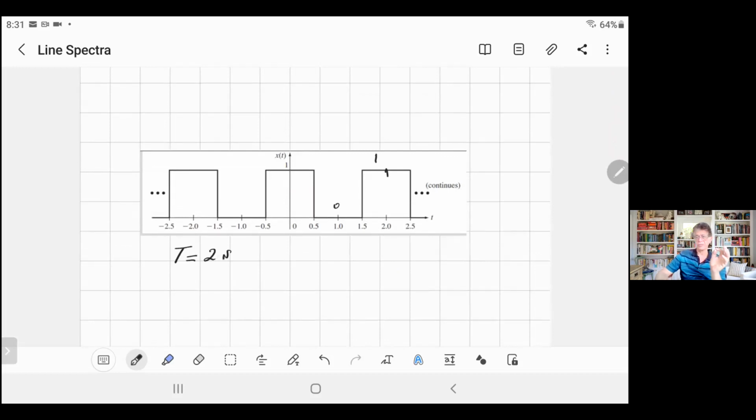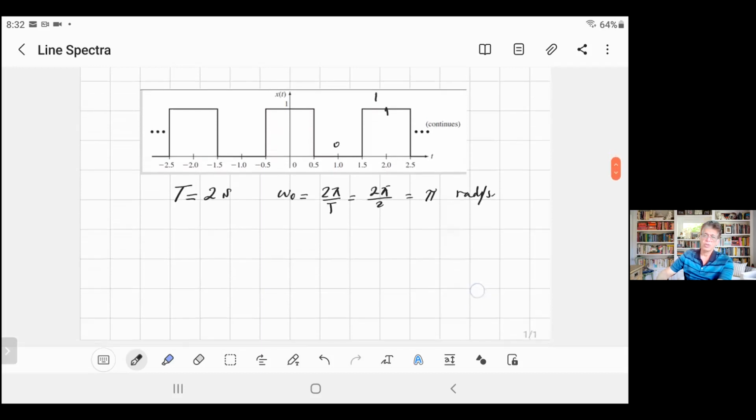Second step, we find the fundamental frequency. The fundamental frequency omega naught is equal to 2 pi over T, which is 2 pi over 2, so it is equal to pi radian per second. The multiples we are going to find are 2 pi, 3 pi, 4 pi, multiples of pi.